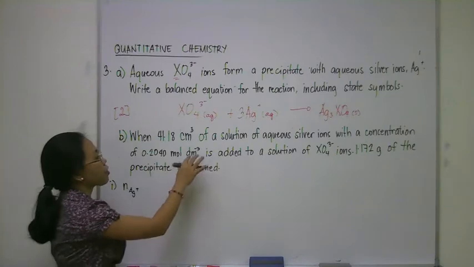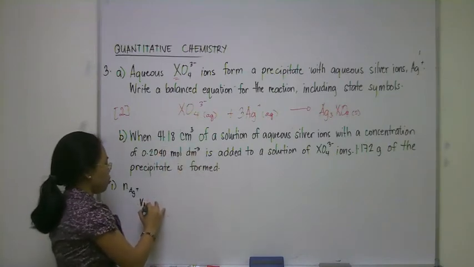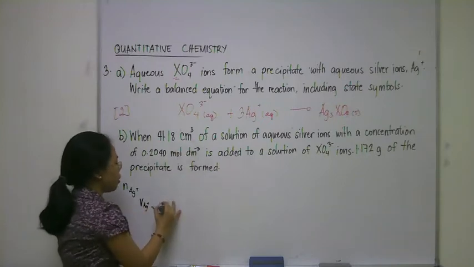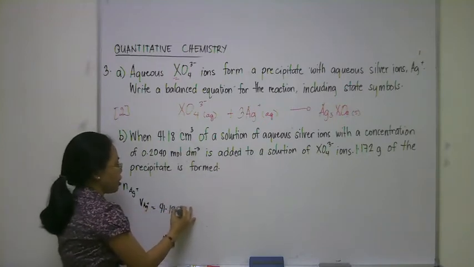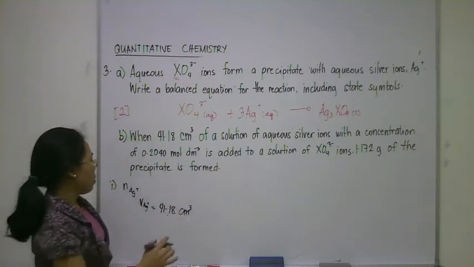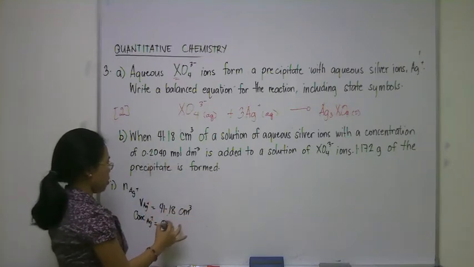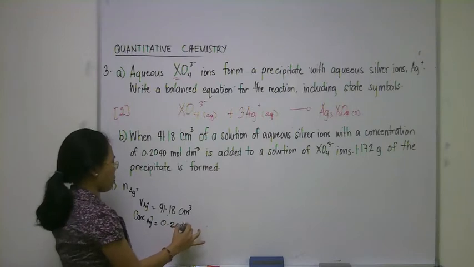So we have here the volume, which is 41.18 cubic centimeter, and then also the concentration of silver ion is given as well.